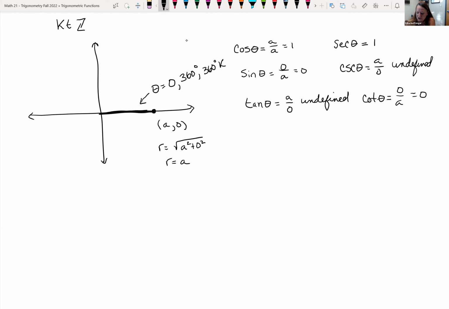And so recall integers are numbers coming in from negative infinity, dot, dot, dot, -3, -2, -1, 0, 1, 2, dot, dot, dot. We also need to think about these because we're going to be using radians a lot, not just degrees. So theta in this case could have been 0 radians, 2 pi radians, or any multiple of 2 pi times some integer.